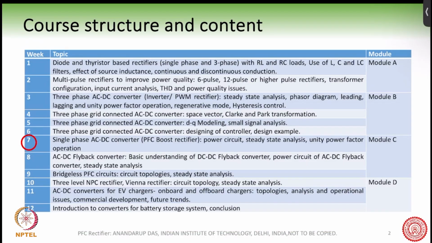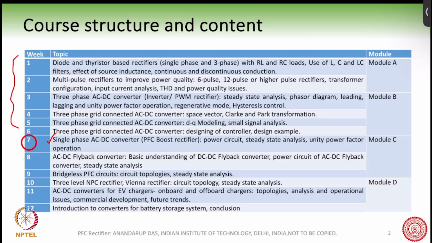If we see the course structure and the content, we are now in this week on single phase AC-DC converters. We have already covered these subjects.